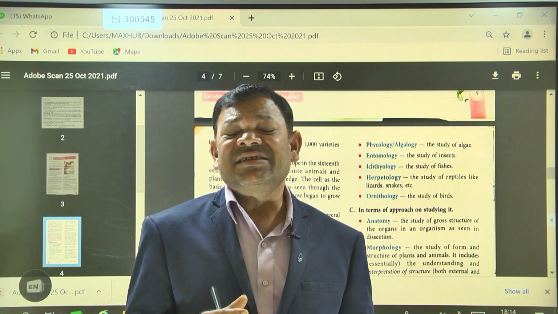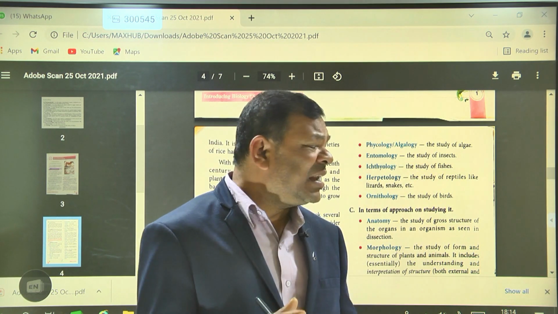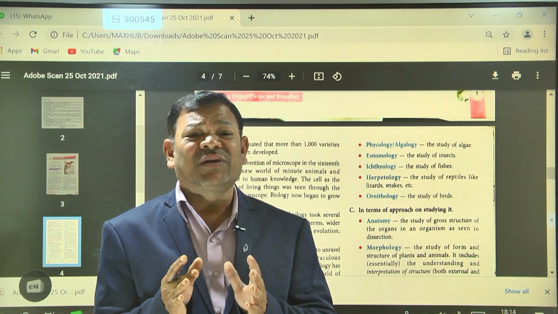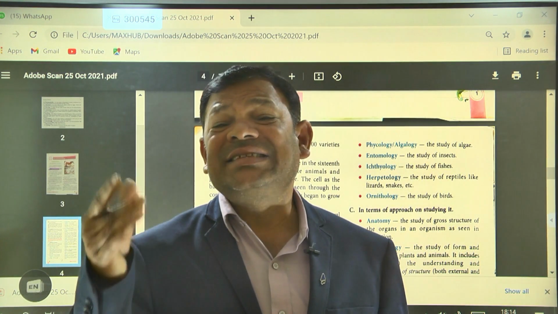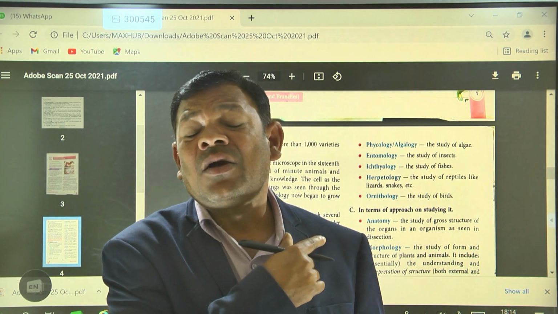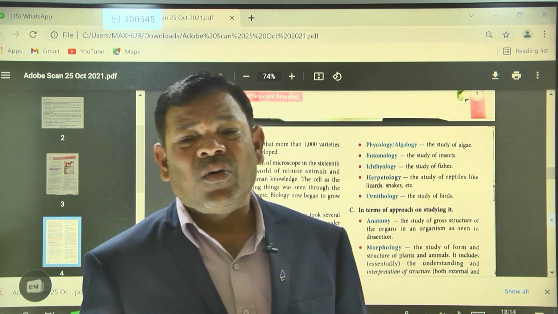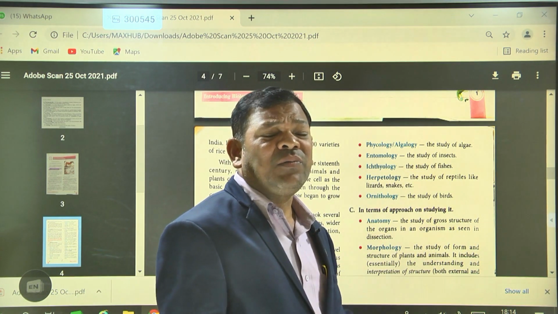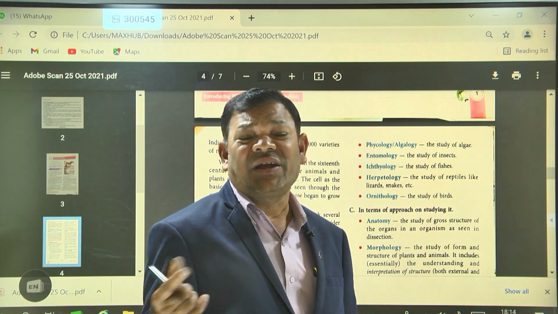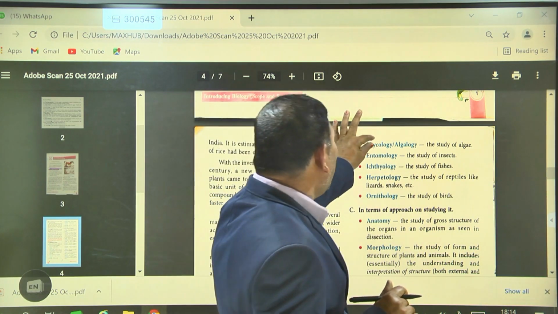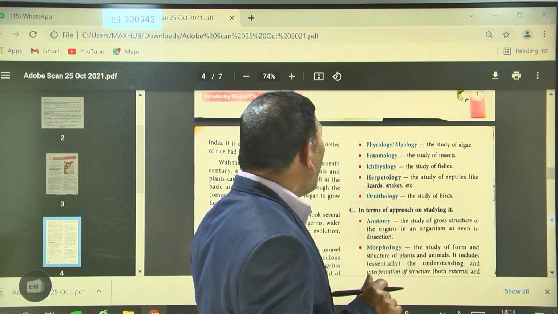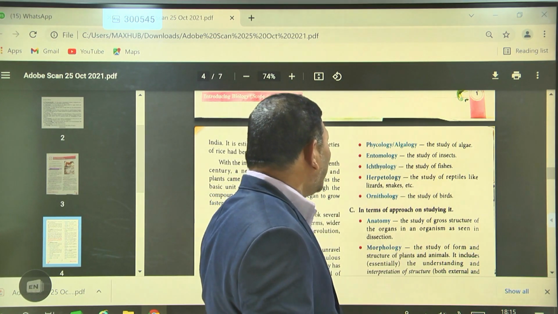Of the total photosynthesis, 97% of the oxygen is liberated from algae, and only the remaining 1% is liberated by terrestrial plants. So the study of algae is called algology or phycology.